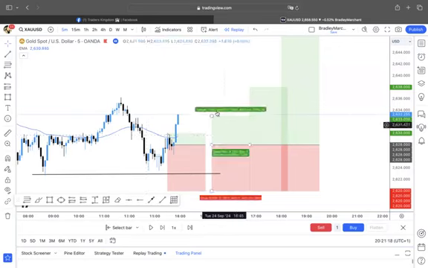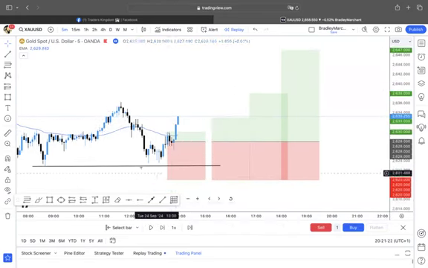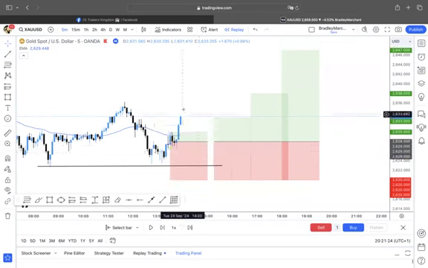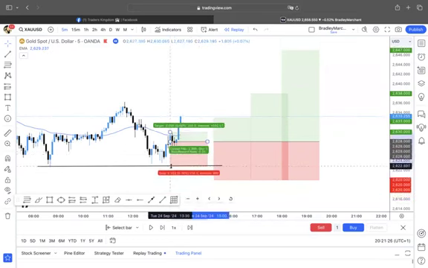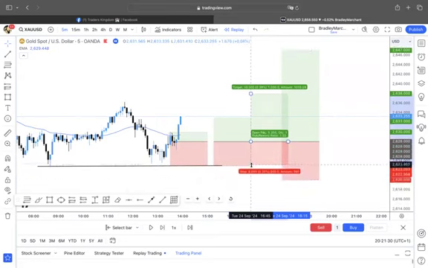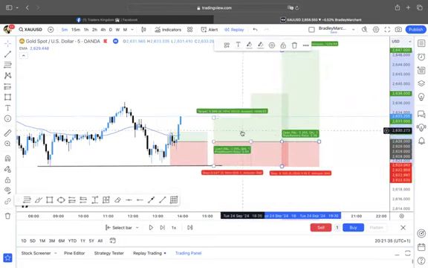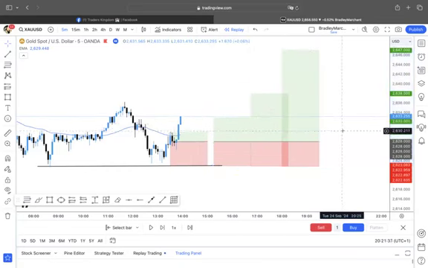For me personally, I like to just aim for the profits. I don't like adjusting my stop loss too much. At this point here, once the trade's running, I might do this. Okay. I might tighten my stop losses heavily. So then the risk to reward becomes a little bit nicer for me on each one.